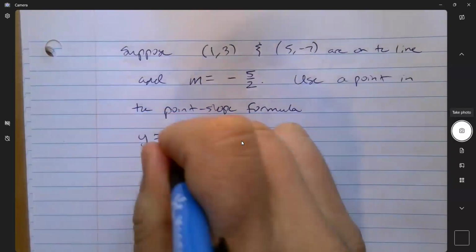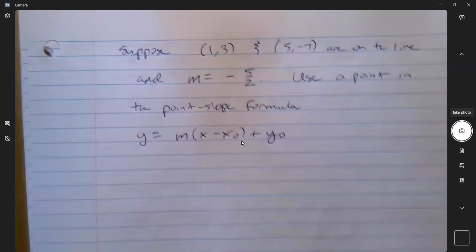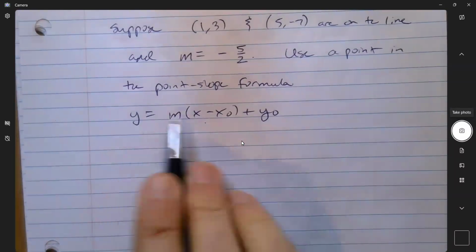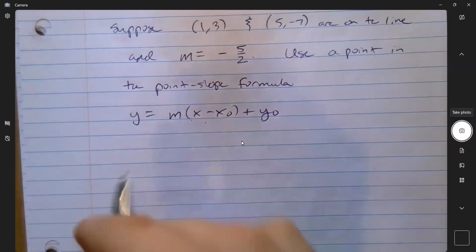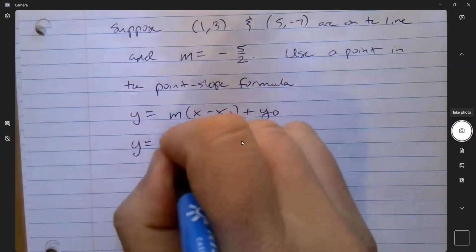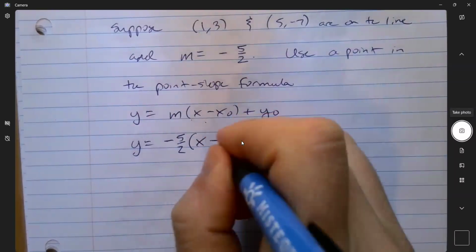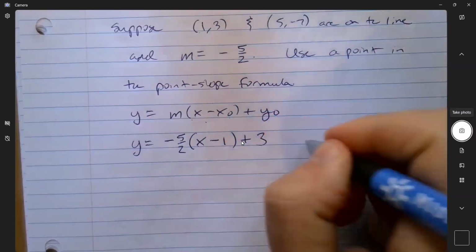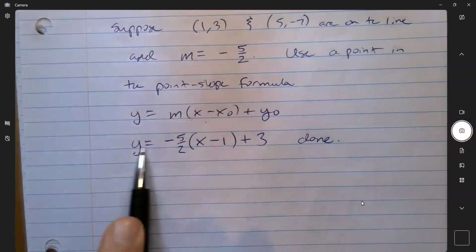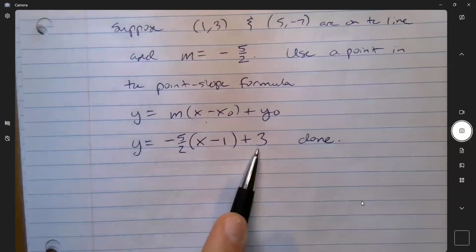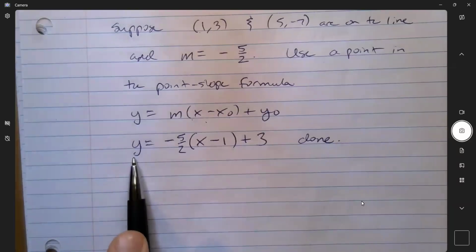I'm going to remind myself what my point-slope formula is. The y and the x are variables, so I need to fill in the m, the x naught, and the y naught. Well, I know m is minus 5 halves, and I know I have the point (1, 3). So x naught could be 1 and y naught could be 3, and I'm done. So this is the equation. I can use this with any x value, and I'll find the correct y value.